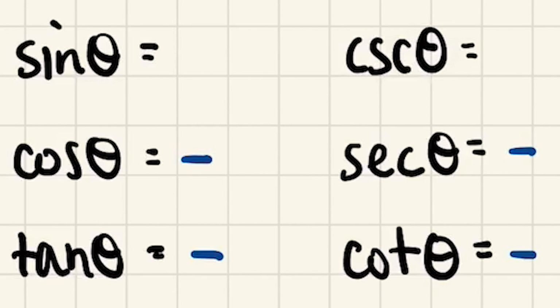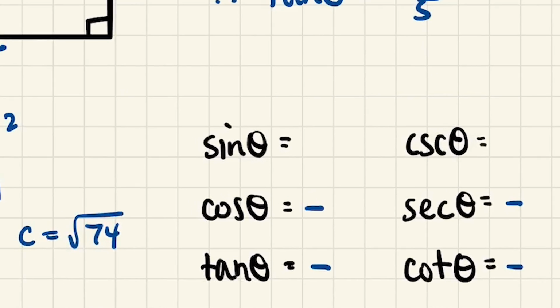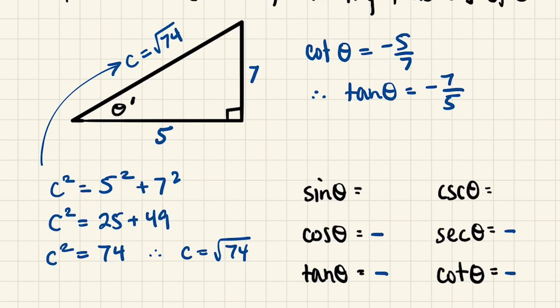And once we've determined which ones are positive and which ones are negative, now we can read everything off the triangle. So sine of theta will be opposite over hypotenuse, right? That's SOH from SOHCAHTOA. So that would be 7 over rad 74, which we can rationalize.